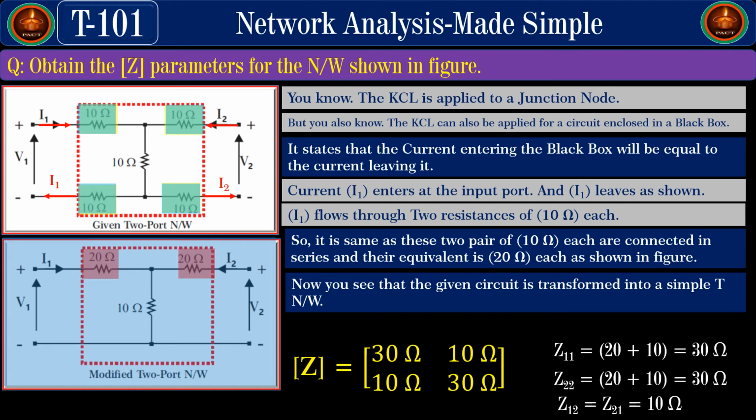By writing the Z parameters obtained, you get Z is equal to 30 ohm, 10 ohm, 10 ohm and 30 ohm, which is same as the results that we have obtained earlier.